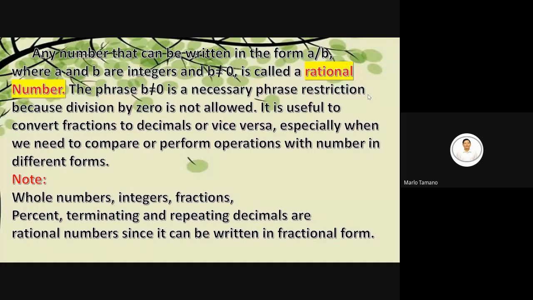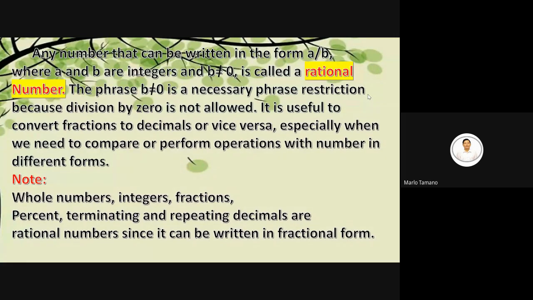Yung 6, that is 6 over 1. Then we have the positive and negative integers. So negative 3, kapag ginawa mong fraction, that is negative 3 over 1. Then of course, the fractions, 1/2, 1/3, 1/5, and so on.